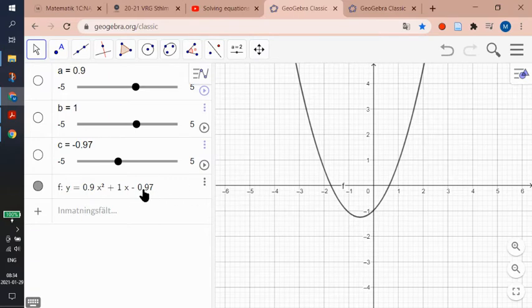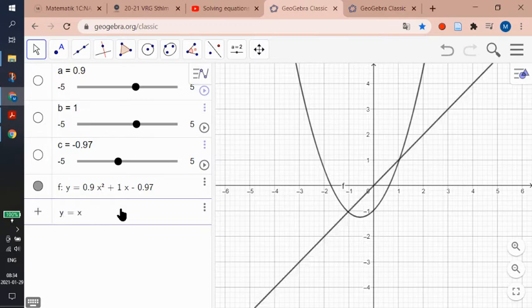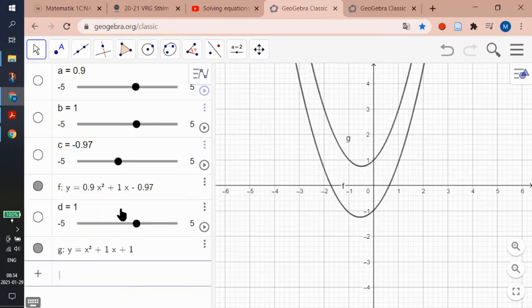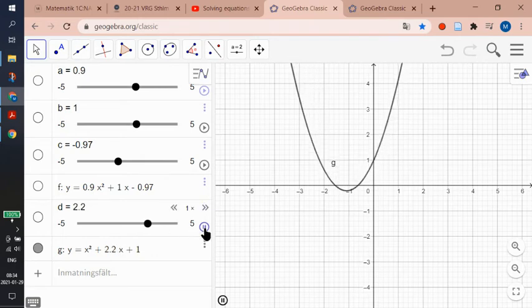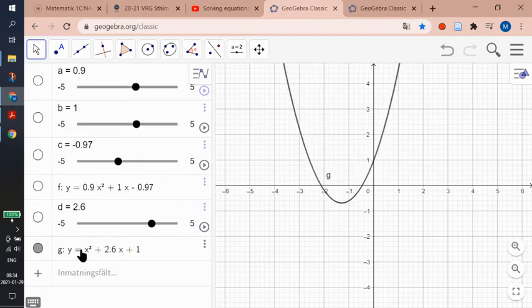Maybe I can just start again with y equals x squared plus d times x plus 1, and just remove that one, so that we're just changing the value of b, keeping the other coefficients at 1.